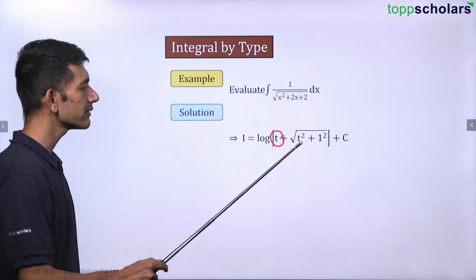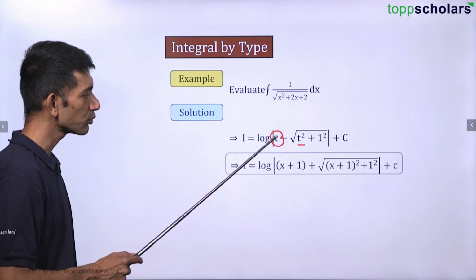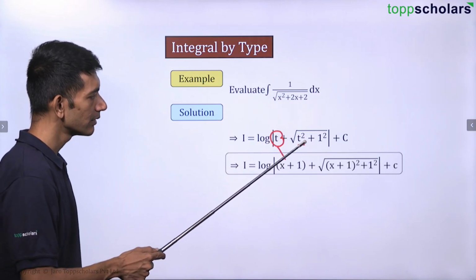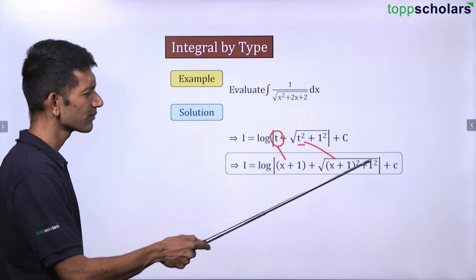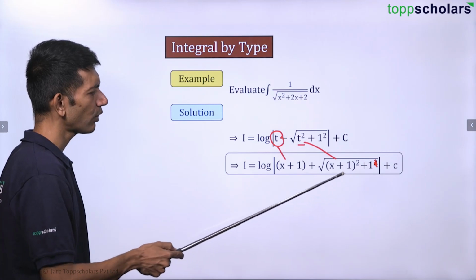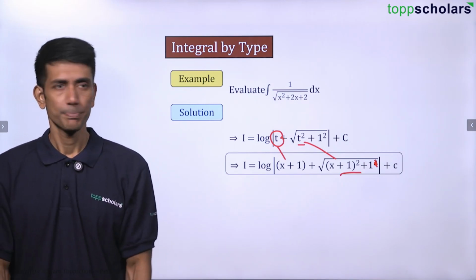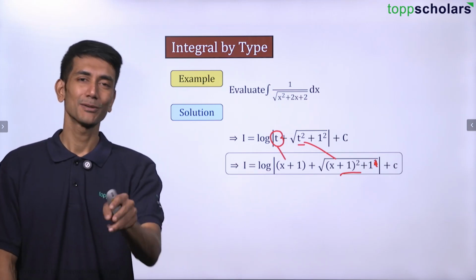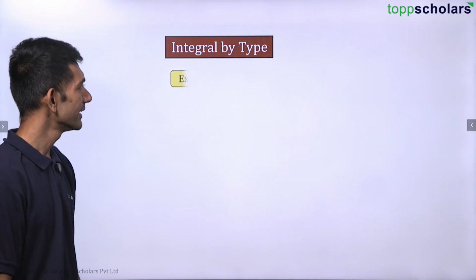Again, you need to replace this t at the end. What is t? t is x plus 1. This is x plus 1. This is x plus 1 the whole square. And this is 1 square, which is 1. And if you want, you can also expand this: x square plus 2x plus 1, and then plus 1, that is x square plus 2x plus 2. You can do that.